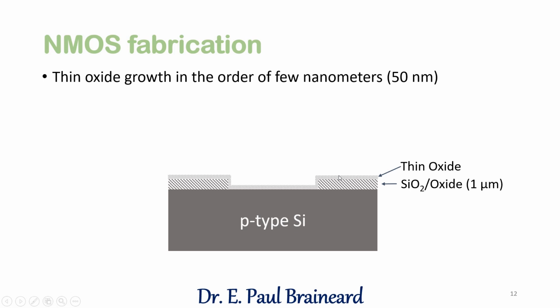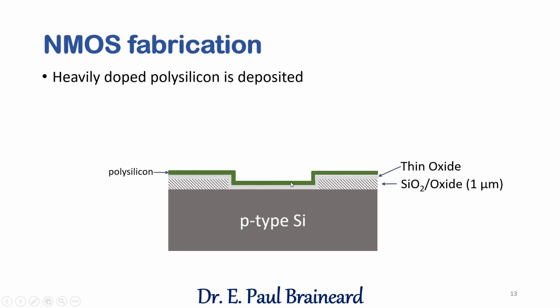To get the MOS, we have to grow thin oxide. We have to do a quality thin oxide. Basically, this is a thin oxide deposition process. Here, instead of gate metal, heavily doped polysilicon is deposited, which acts like gate material.